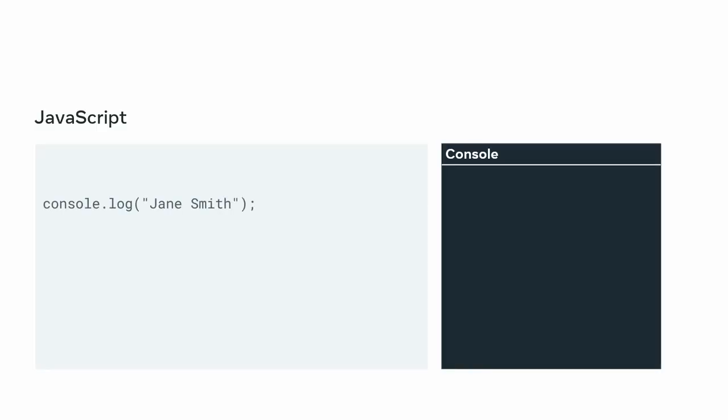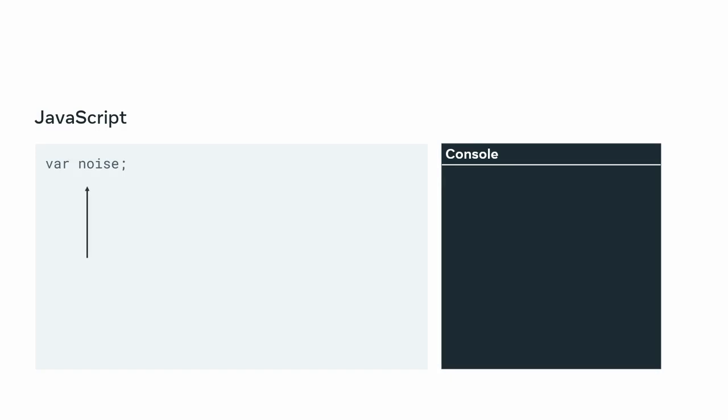For example, all functions return undefined by default, unless it's been decided to return a specific value instead. When you use console.log to output something like a name, you will see undefined displayed after the output. This is because console.log is a function, and you are not returning a value.